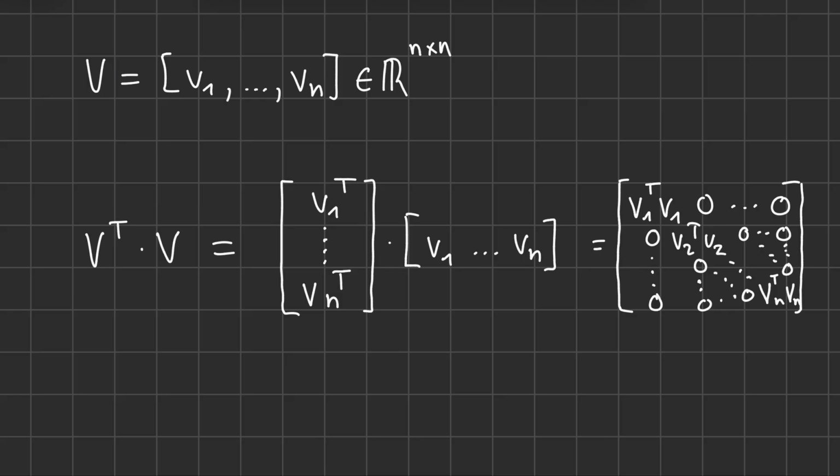So what we have here is a matrix which on its diagonal has values and all others are 0. What is interesting now is that these are not any values, but these are all 1. And why is that? Well, we know that v1, as well as any other vector, has the length 1.